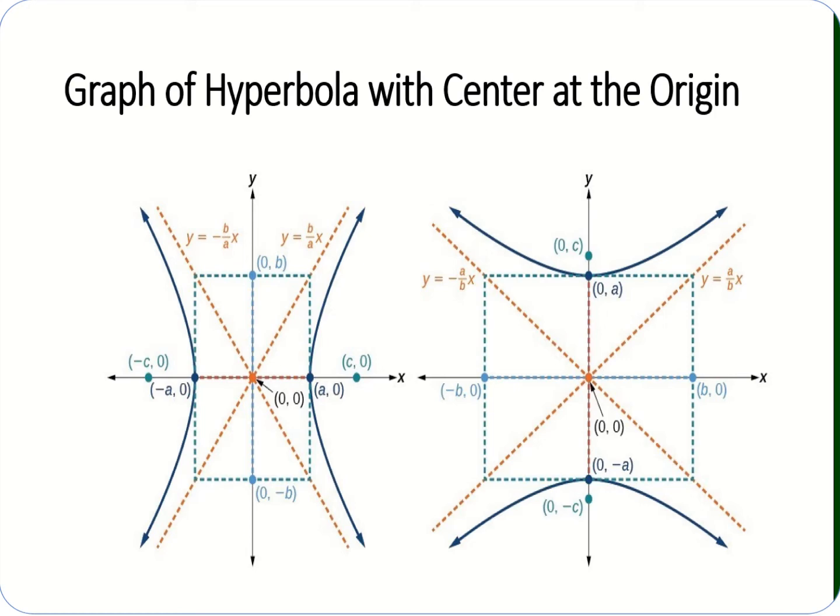So let's start with the center. If the center is at the origin, the center will be (0, 0). Then for the foci, F sub 1 and F sub 2, we have the ordered pairs (negative c, 0) and (c, 0).